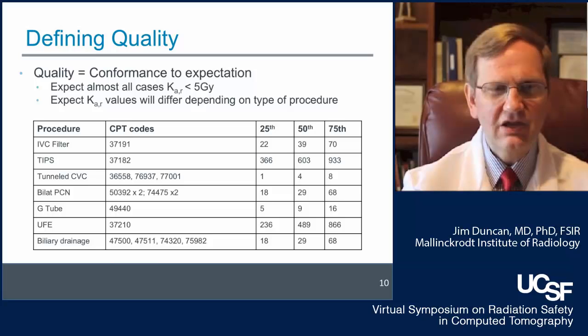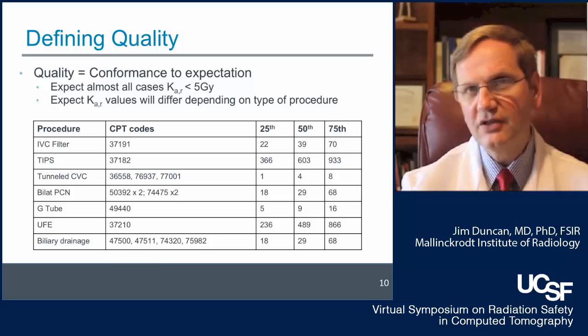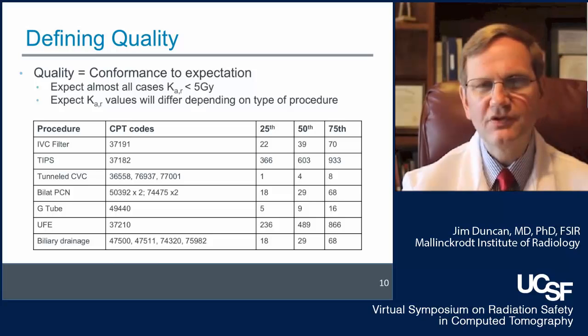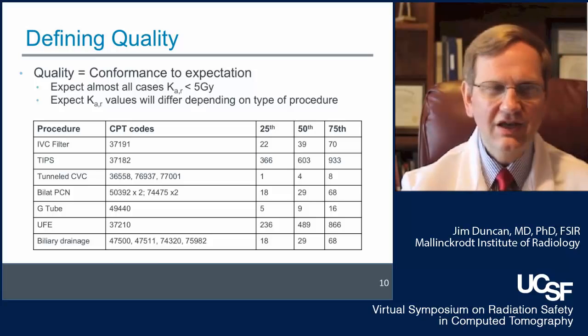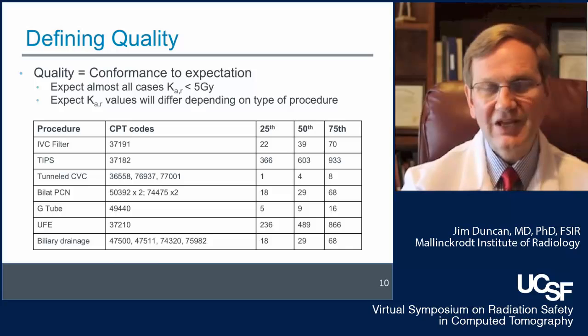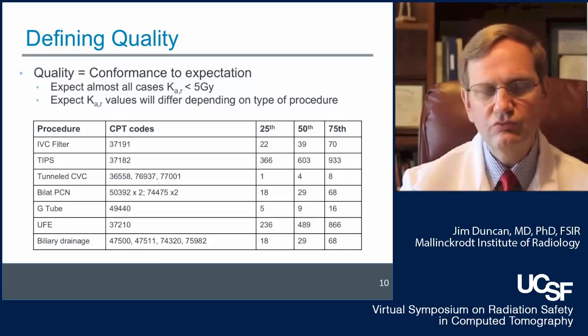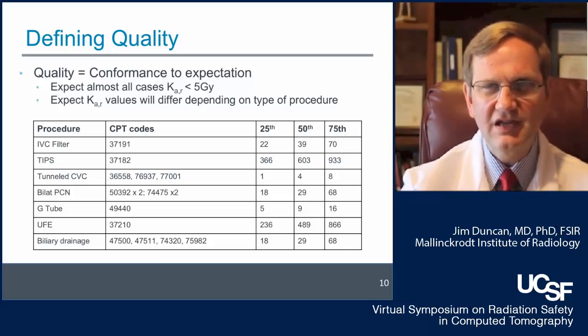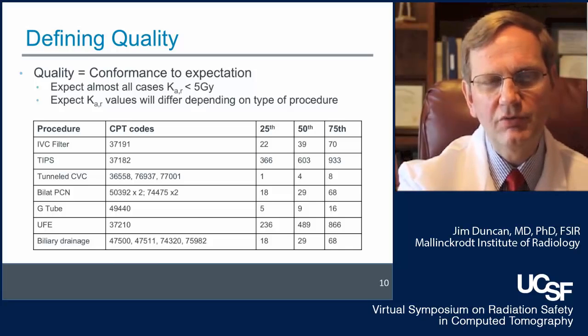It goes up a little bit higher for biliary drainages and bilateral percutaneous nephrostomy tubes, and it's substantially higher for TIPS and uterine fibroid embolization, and we'd expect that. And this is really an ongoing analysis of our data to try and establish expected ranges for common procedures.